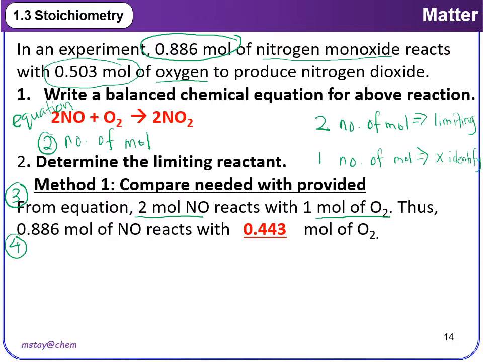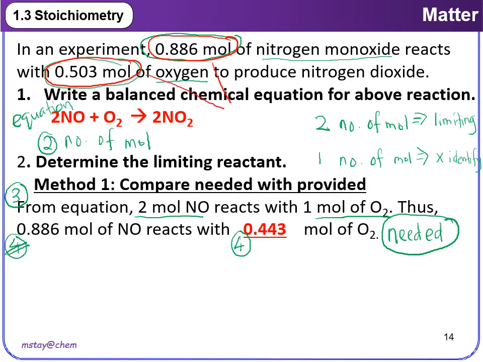When you do crossover multiplication, the number of mole is here. Step number 4, you will calculate the number of mole of oxygen. So remember, the one that you calculated based on stoichiometry is the number of mole that is needed. While in the question here, 0.886 and 0.503 is what you have.